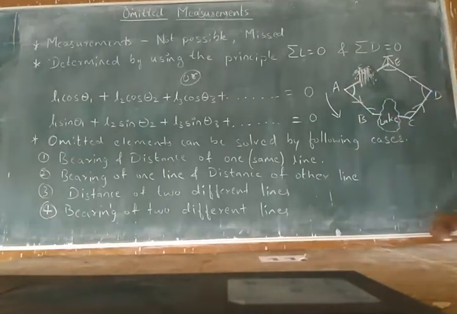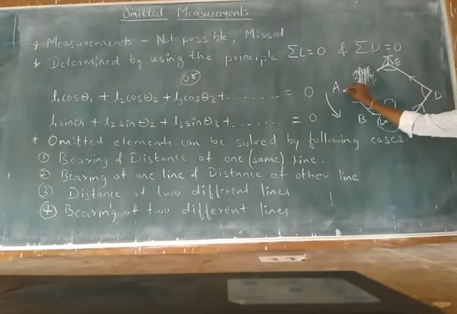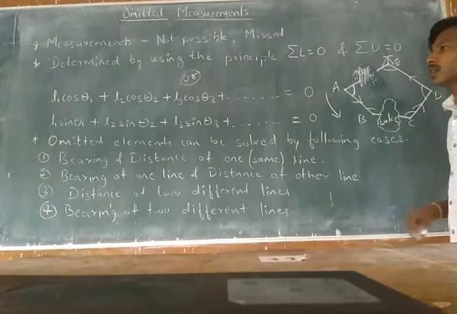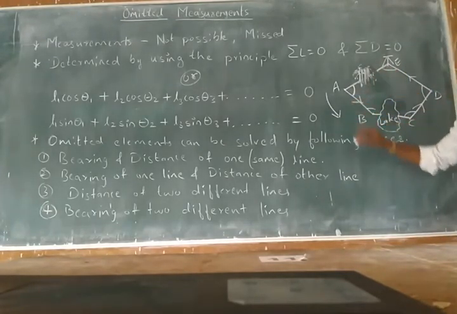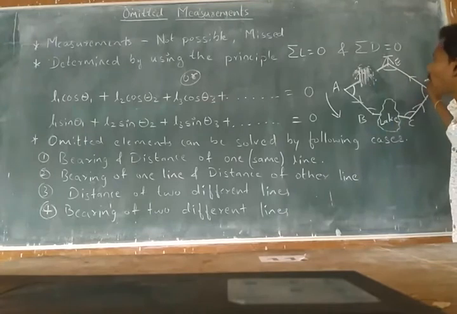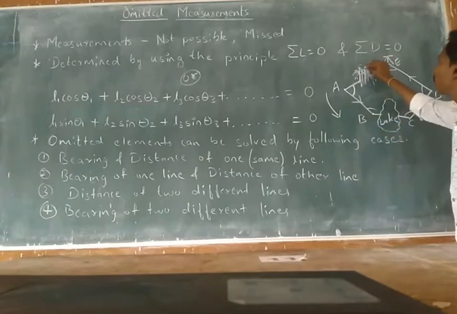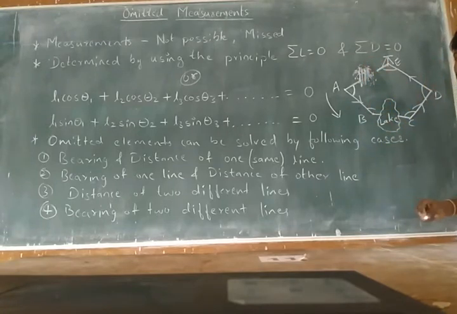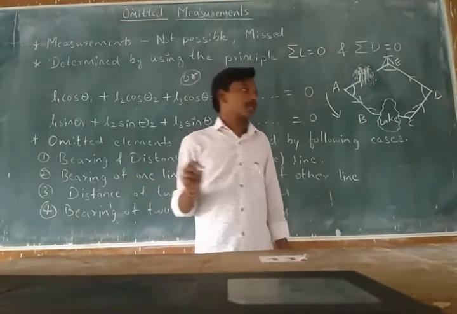You can't target A directly, but you need the interior angle DEA for calculating the latitude and departures. You can leave the measurement of the angle here, and also leave the measurement of distance at the BC side, but you have to measure all the other stations.